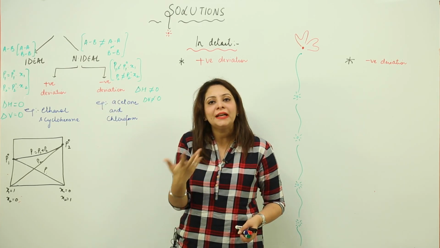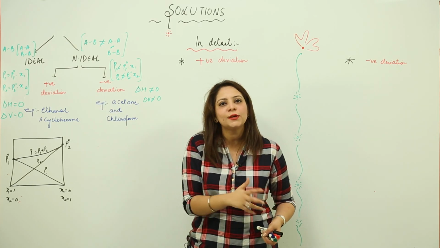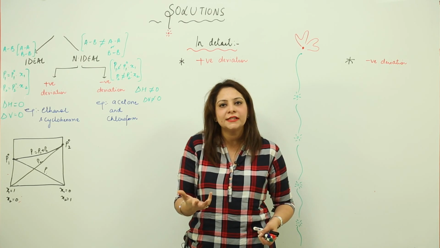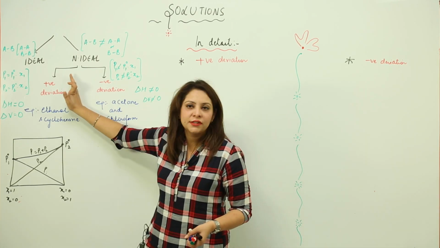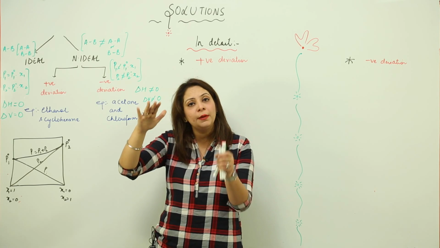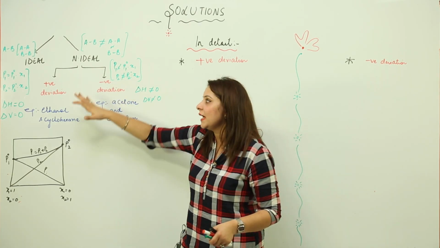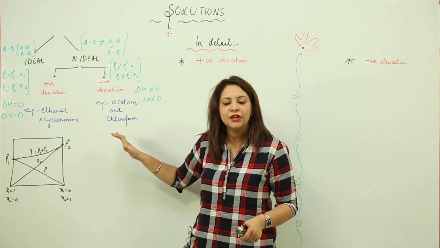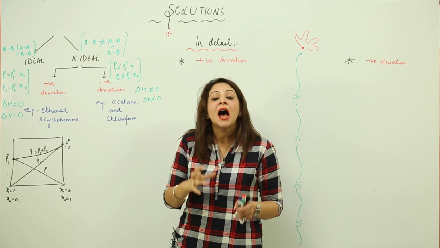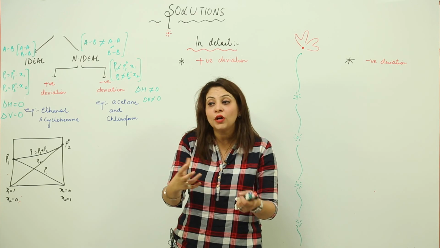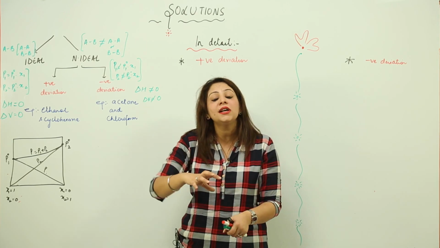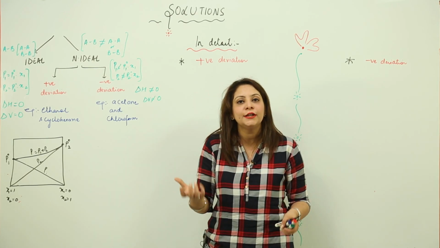So accordingly we classify non-ideal solutions into positive and negative deviation. If the vapor pressure increases due to some reason, we will be discussing now what the reasons can be, it is a positive deviation. And if the vapor pressure decreases, it is showing a negative deviation. So we are just starting with positive and negative deviation: how non-ideal solutions show them, what substances are added, and what the reasons are behind the different kinds of deviation.